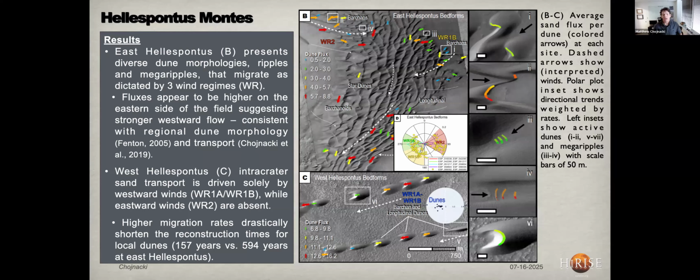And because of that, that causes drastically lower reconstruction times for local dunes, or the time that a dune takes to migrate across its own path and reorient itself if winds were to change. So something on 150 years versus 600 years at East Hellespontus is much different. You can see that the wind directions and sand fluxes are all kind of dictated in that narrow corridor that we showed.